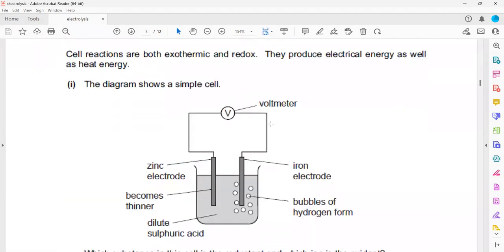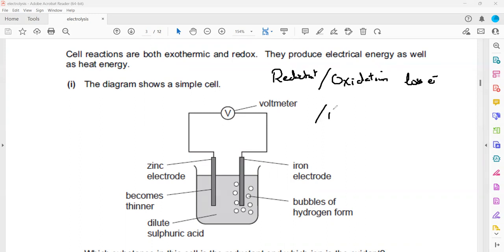So in this question, cell reactions are both exothermic and redox. Redox reaction means one in which both oxidation and reduction happen, and oxidation is a loss of electron. When a substance loses electron, we call that oxidation. And the substance in which oxidation happens is also known as reductant or reducing agent.